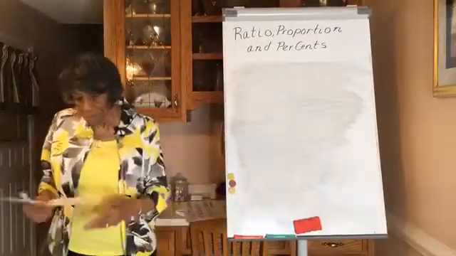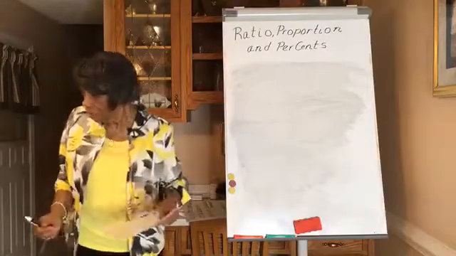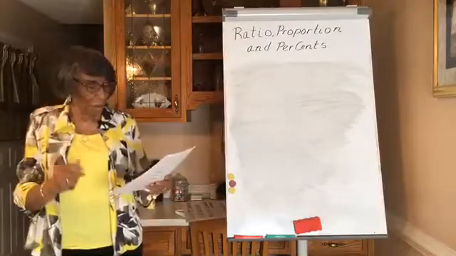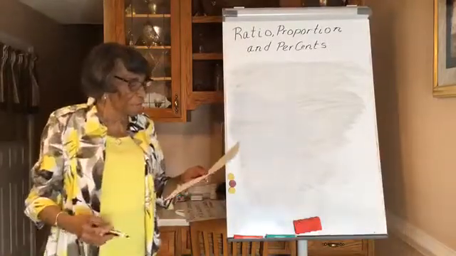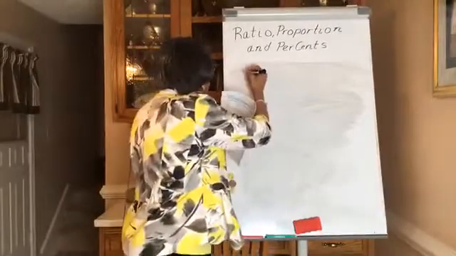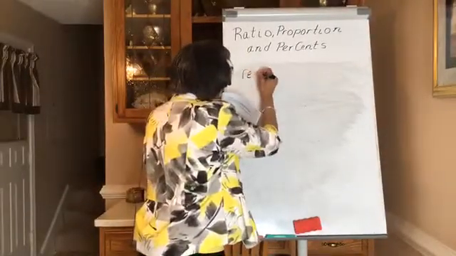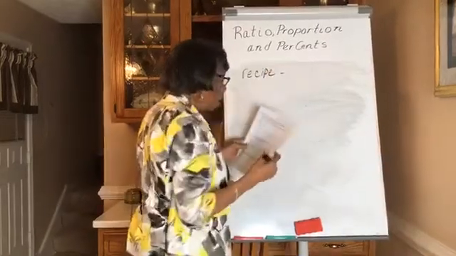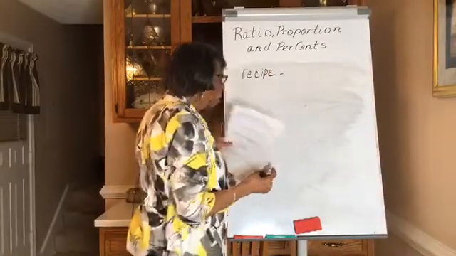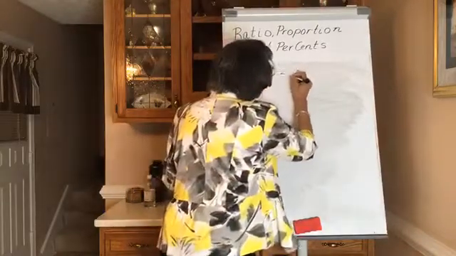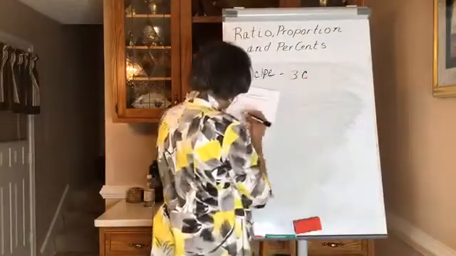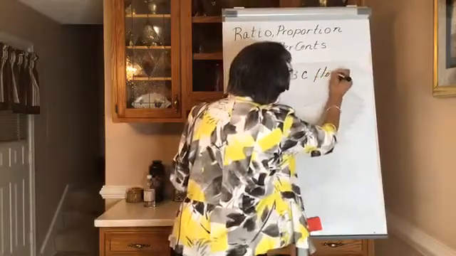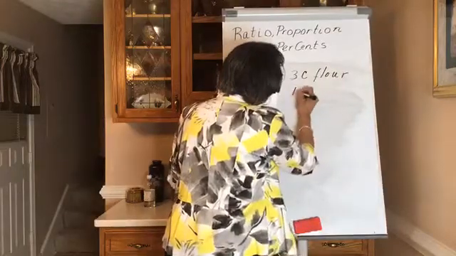All right, let's look at another problem. This is about a recipe, ladies. And sometimes we do have to figure out a pancake recipe. It calls for 3 cups of flour to 1 cup of milk.